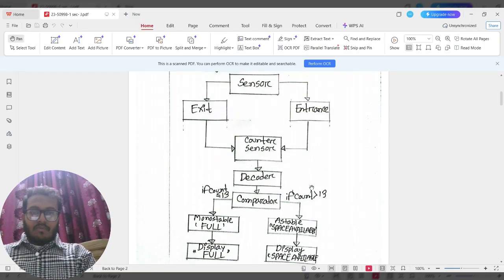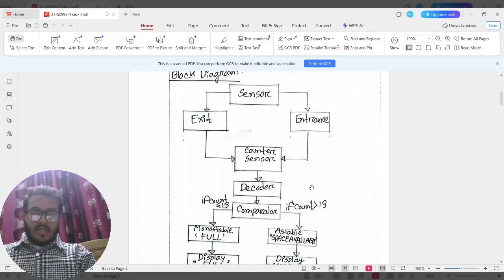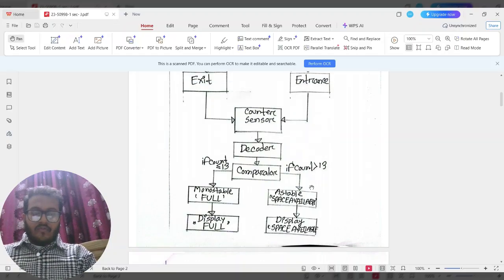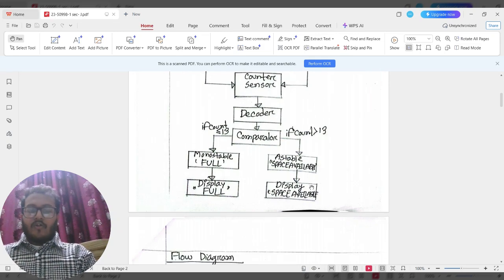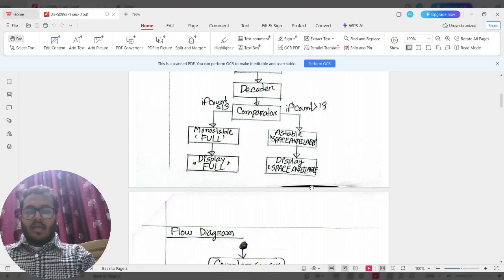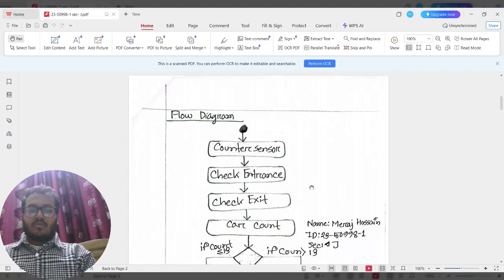My maximum car space is 13, so if the count is less than 13, the state is space available, and it displays space available. If the count is equal to or more than 13, then the state is full, and it displays full. That is my flow diagram.